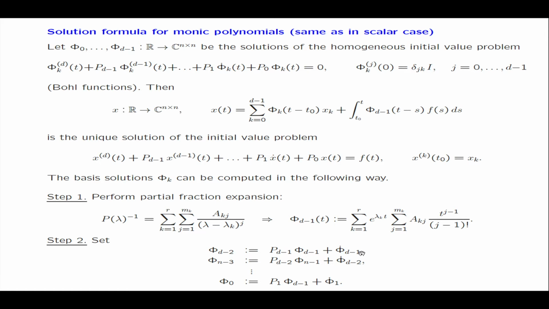By differentiating the last one we find the next, and if we have found the next, we can differentiate this and add a multiple of the last one, and so on. Okay, this is the method to find these basis functions, and then we have our nice solution formula, and everything is done.